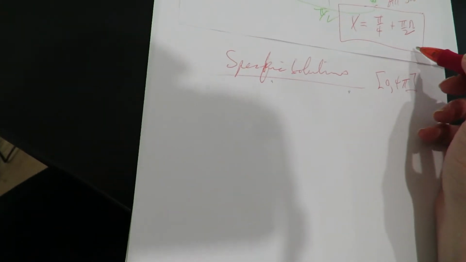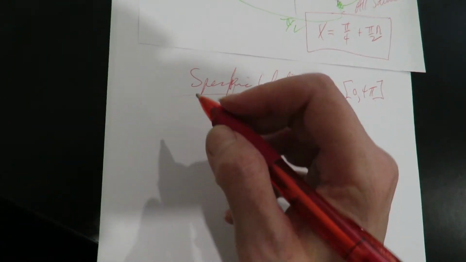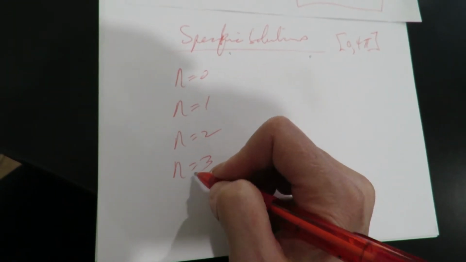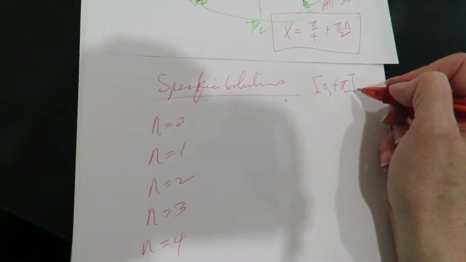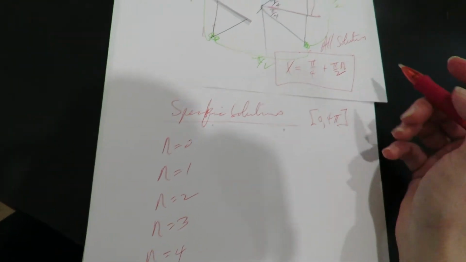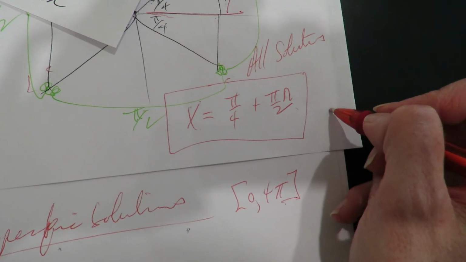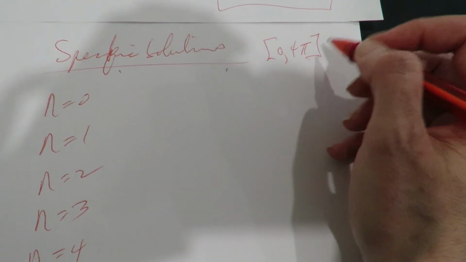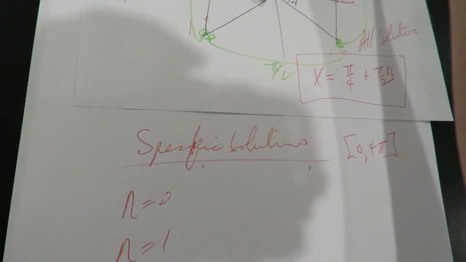Now, in this case, that would be a ton of answers, but you would basically keep plugging in a specific value for n until the output exceeded 4 pi, right? You would keep plugging in n and crunching out what this x would equal until you got to this limit. All right, I'm not going to do it on this one because that is just going to be way, way too many answers.